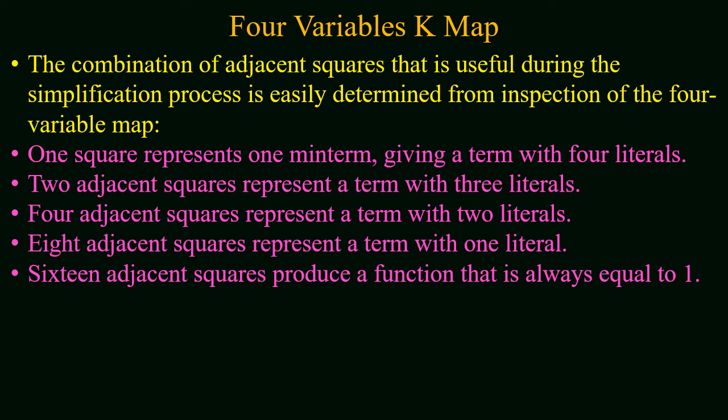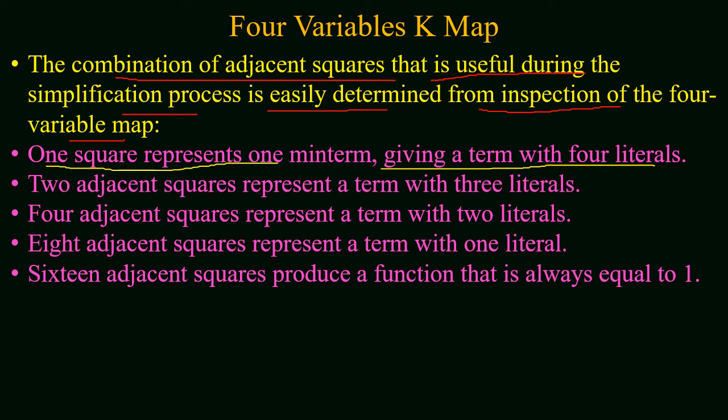After defining the adjacent squares, we will make groups of adjacent squares. The combination of adjacent squares is useful during the simplification process and is determined from the inspection of the 4-variable K-map. If we use 1 square, then 1 square represents 1 minterm and this will result in a term of 4 literals.